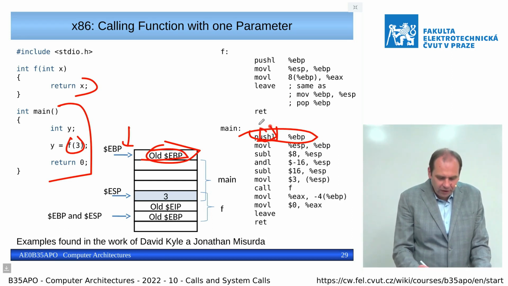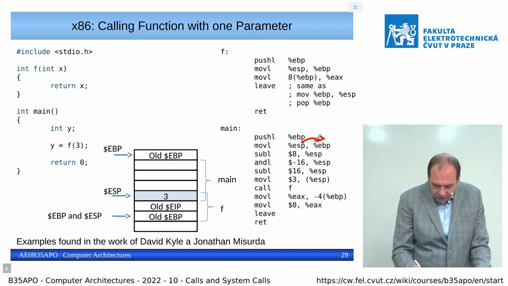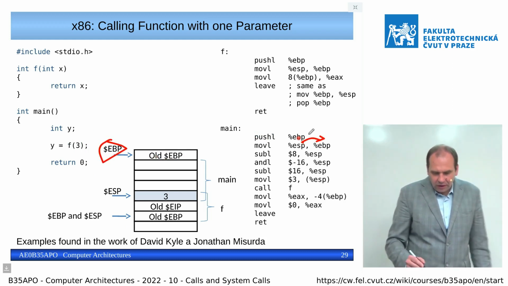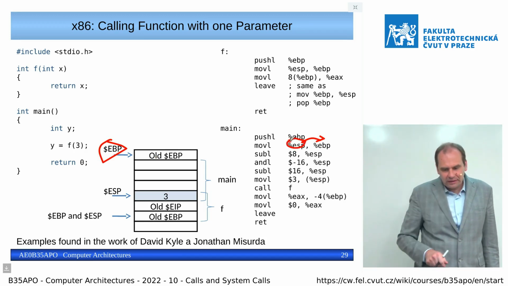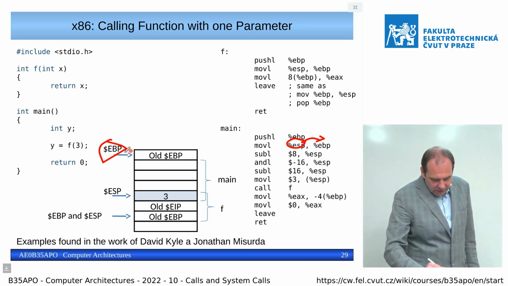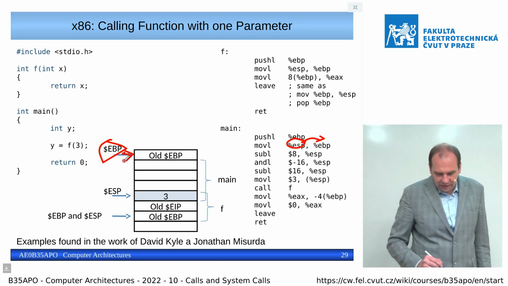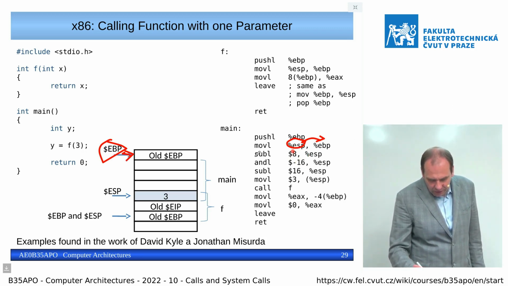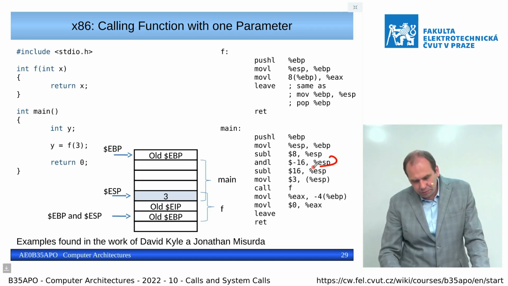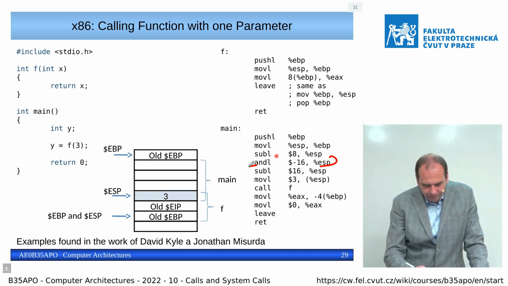We do not have a push instruction directly on the RISC-V. Then we have there a move which stores into the EBP register the value of the stack pointer. So in fact we have put the index into the stack where our frame starts. Then we subtract, in this case, for example, 8 for some reason. We want to speed up calling of the subroutines, so we want to align the stack.